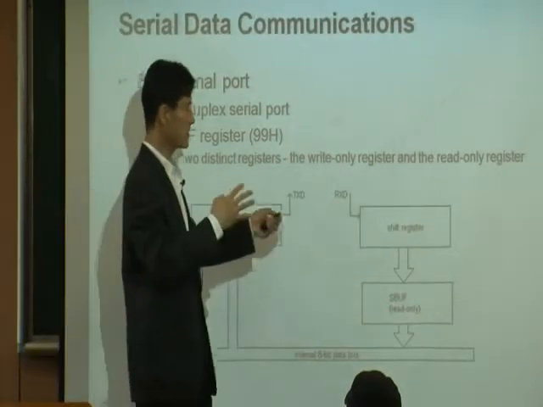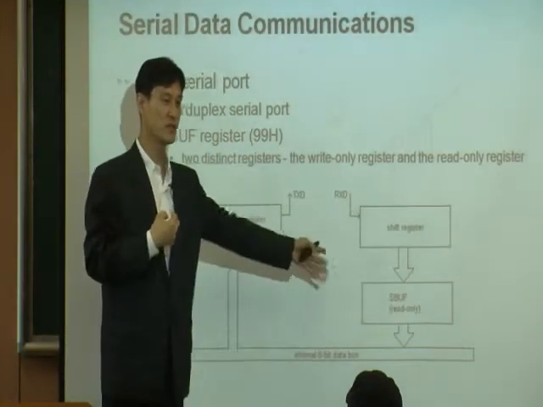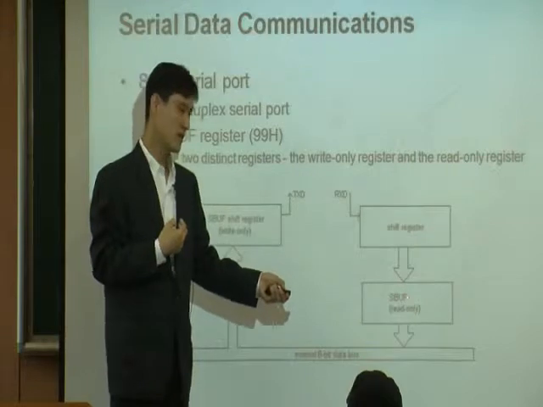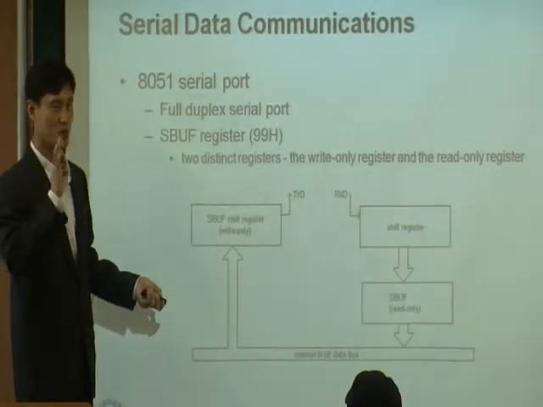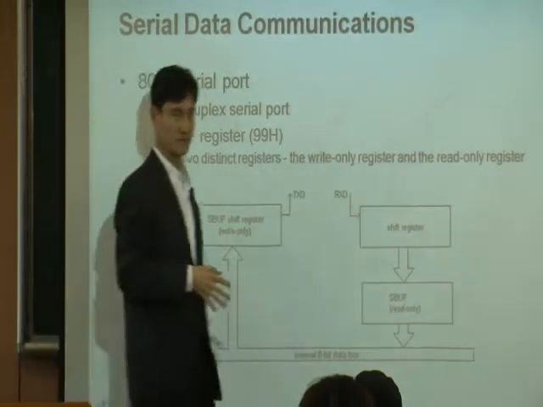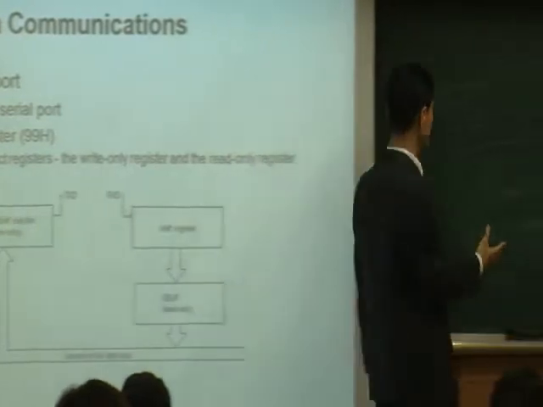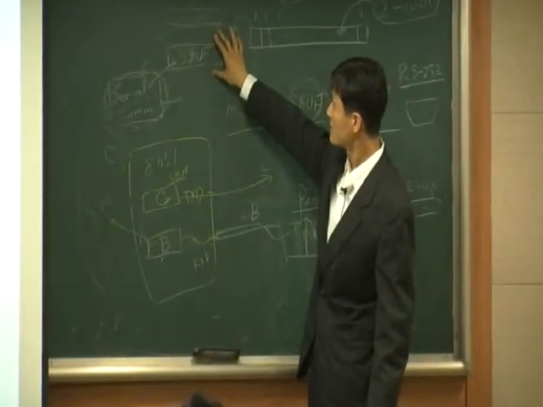All those 8 bits coming in go into SBUF. So what we need to do is simply read it from here. And if you want to transmit 8 bits, you write those 8 bits into here, then it's gone. That's the serial communication.